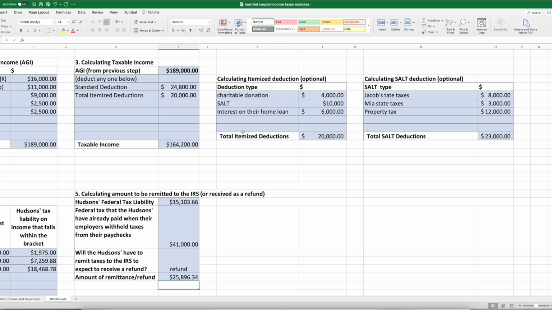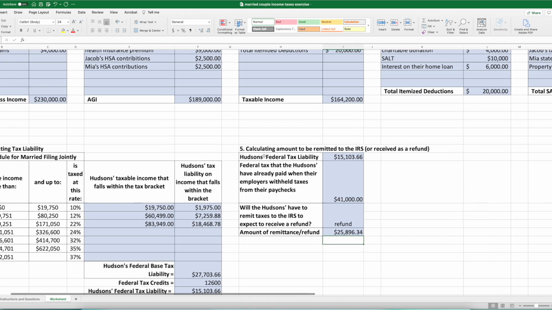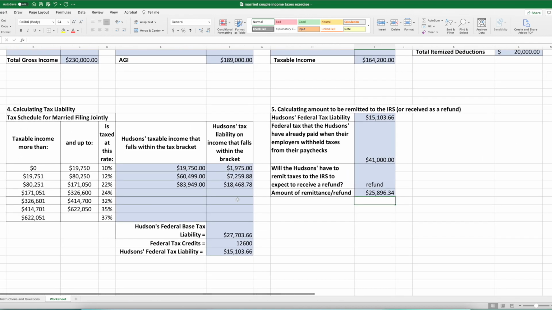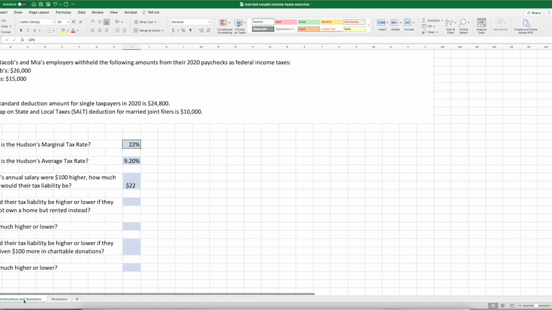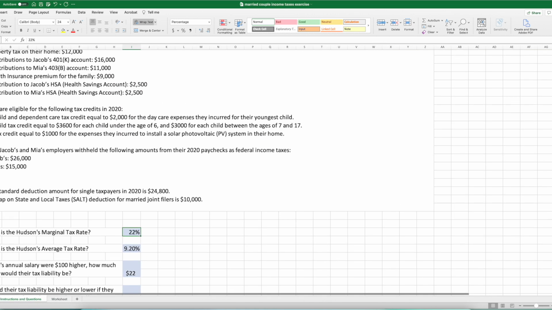So not having a home won't affect this part. It won't affect their taxable income. What it would probably affect, though, is the fact that they wouldn't have installed solar panels on their home if they hadn't owned the home. So this tax credit equal to $1,000 is for the expenses they incurred installing the solar photovoltaic system in their home.